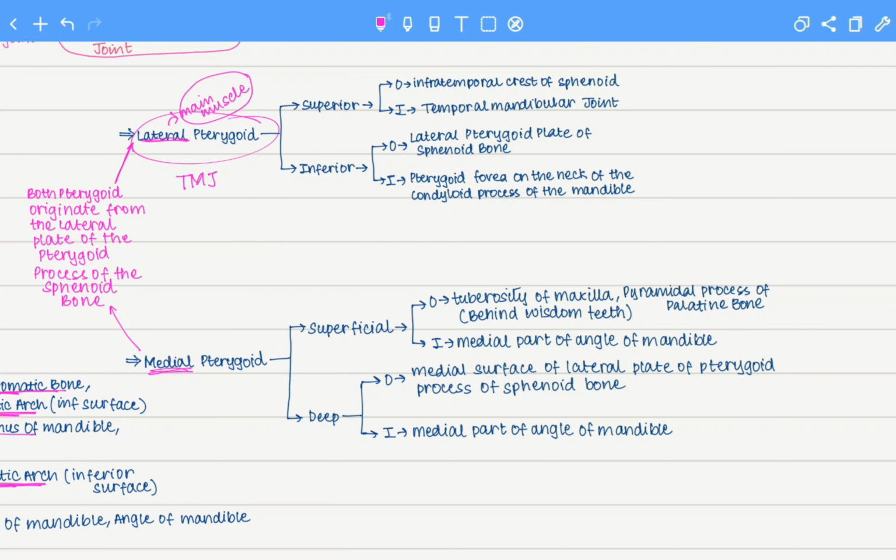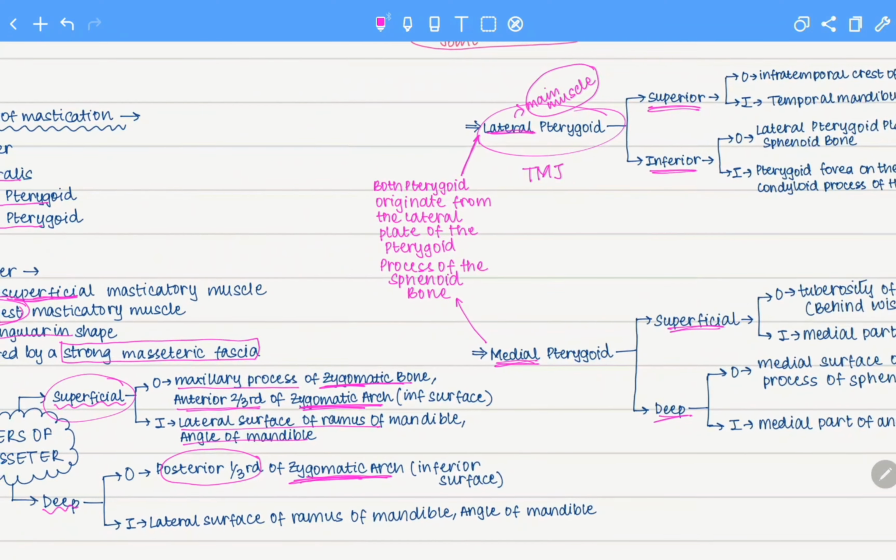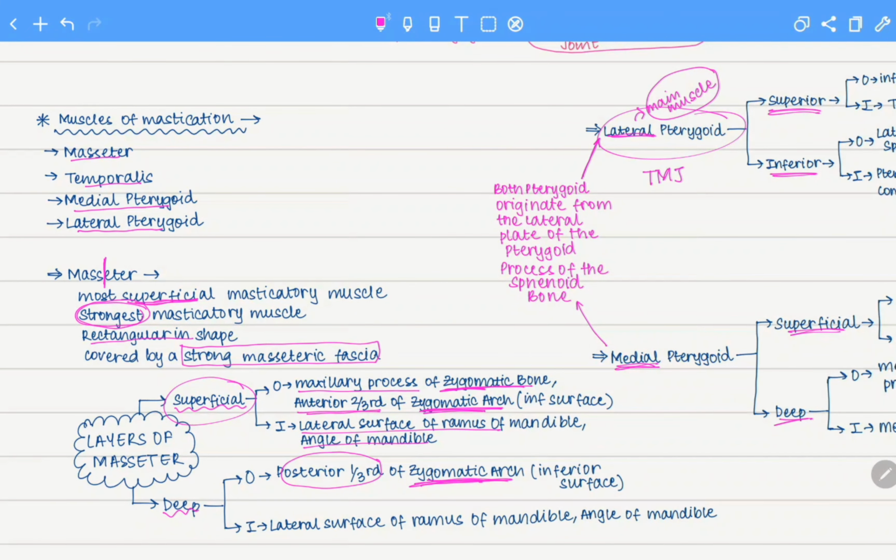Hence, it's performing a very crucial function. Therefore, if you notice over here, the divisions are not superficial and deep, but it is superior and inferior. While in the other muscles, like if you notice the medial pterygoid, it's superficial and deep. Even if you notice the masseter muscle, the divisions are superficial and deep.